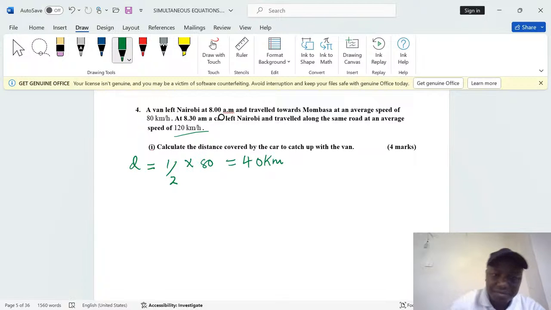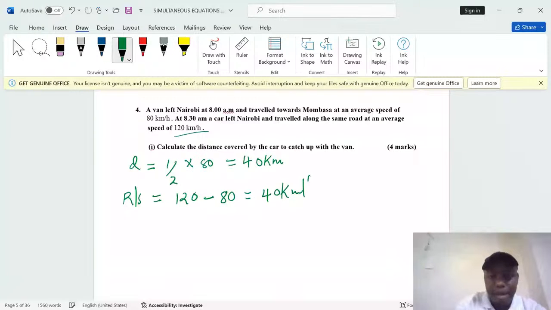So the relative speed is going to be the difference between the two because they are going in the same direction. 120 minus 80 giving us 40 kilometers per hour. So if the van is moving at 80 but the car is coming at a speed of 120, then there is an extra 40 kilometers per hour, the speed at which the car is approaching the van.